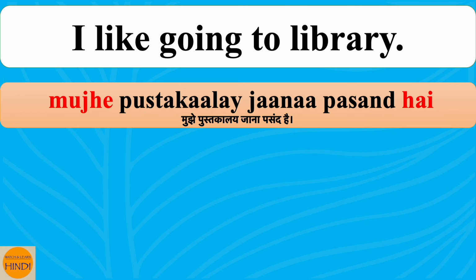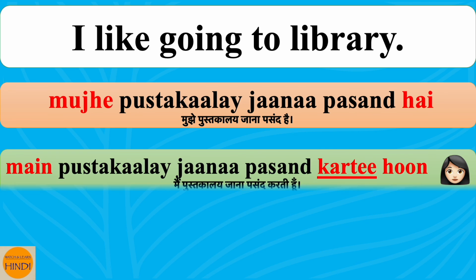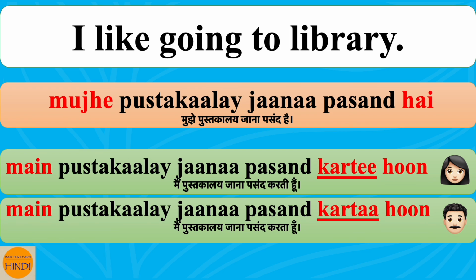So with mujhe it is मुझे पुस्तकालय जाना पसंद है and pasand is like. But if you want to use मैं, you will say मैं पुस्तकालय जाना पसंद करती हूँ. And for masculine gender it will be मैं पुस्तकालय जाना पसंद करता हूँ.